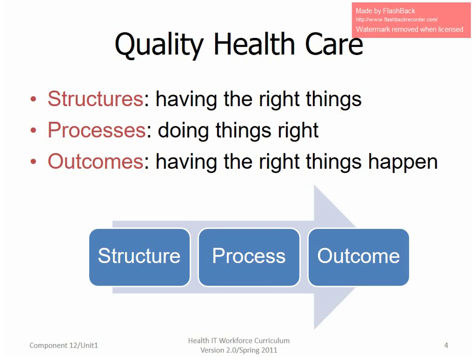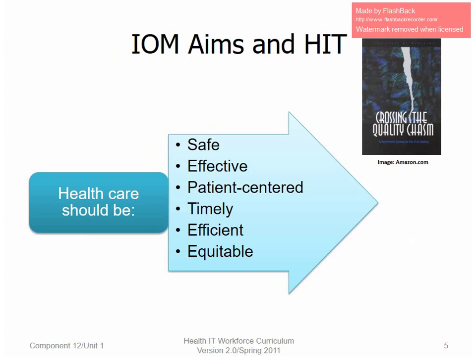So when we relate that concept to healthcare, we want to have the right processes and the structures, which are the right things that are in place, and the process for doing those things right so that the right and expected outcomes are happening.